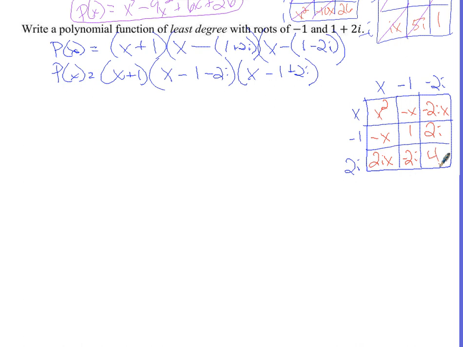Now, when you combine like terms, all of your i's should disappear. If you have i's still lingering around, then you did something wrong. Stop and go back and find your mistake right now. P of x equals, the x plus 1 is still out front, times what?